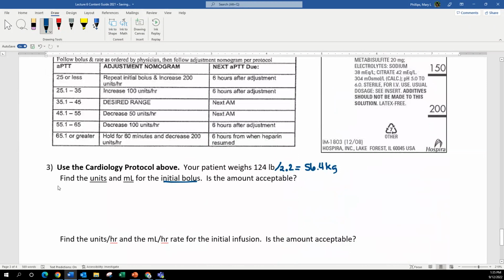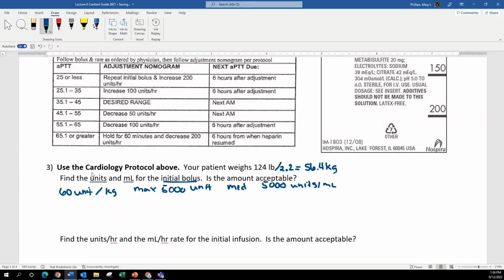So I found that it was supposed to be 60 units per kilogram. There was a max of 5,000 units, and my med had 5,000 units per milliliter. So I have all the pieces. Let's put them to work.